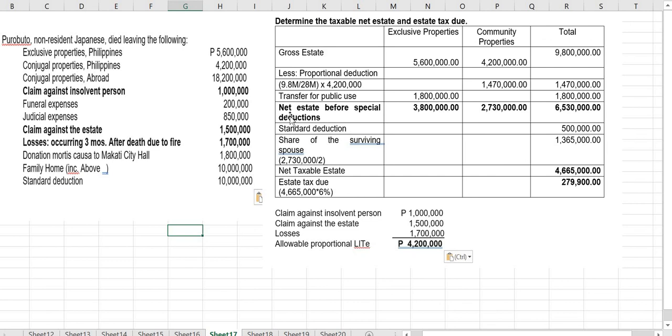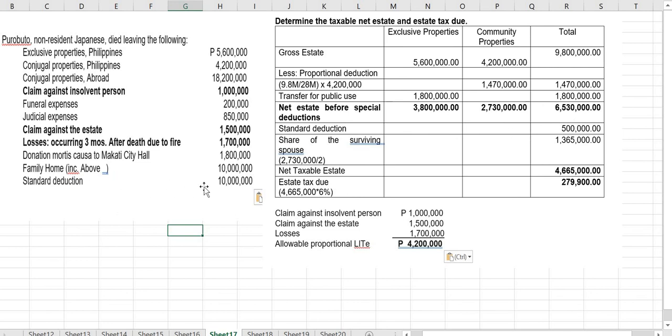Okay? So we have the net estate before special deductions. For exclusive, we have 5.6 less 1.8, 3.8. For community property, that's 4.2 less 1,470,000. You have 2,730,000. Okay? So we have a net estate of 6,530,000. So it is allowed the standard deduction of only 500,000, but it is not allowed the family home.